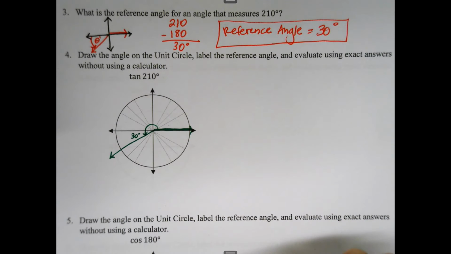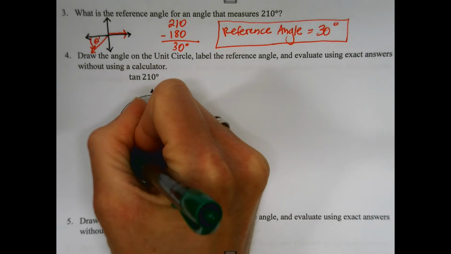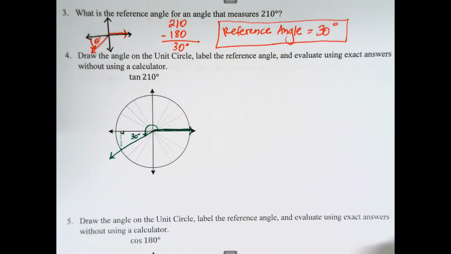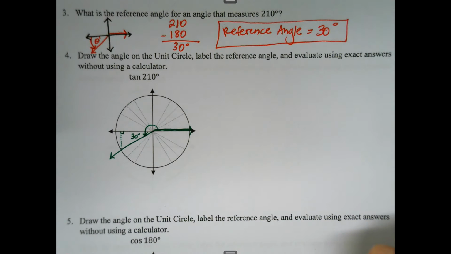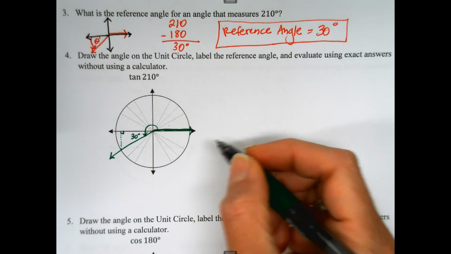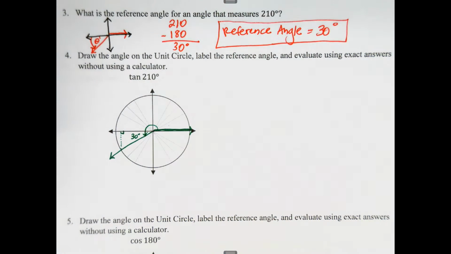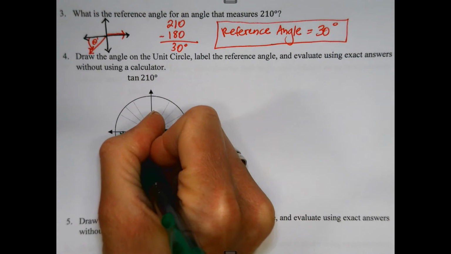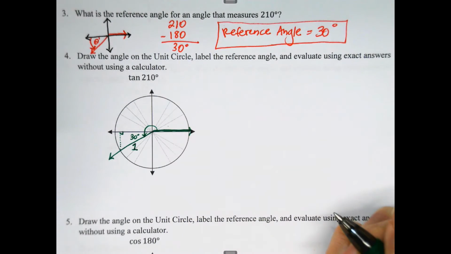Since it has a reference angle of 30 degrees, when we think about the triangle that is created based on that reference angle, we have a 30, 60, 90 triangle. In a 30, 60, 90 triangle, since we're in the unit circle, our hypotenuse is 1.